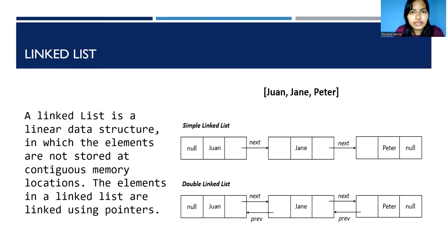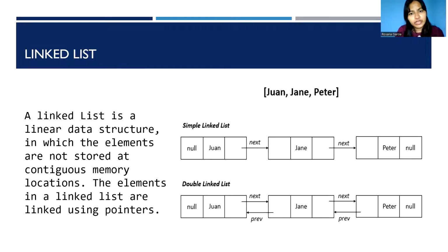Here, the list is Juan, Jane, and Peter. That's not an array, that's a list. And we know that Juan is stored somewhere inside the memory, also Jane and also Peter. Then we create a node that stores the values. All those blocks represent nodes.